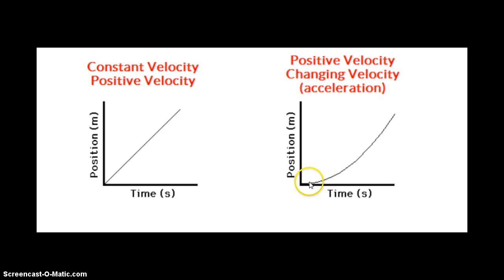You can also see that the slope is getting steeper, so we've identified that the slope of a position time graph is the speed. Therefore, if the slope is increasing, the speed is increasing. If we had a graph whose slope started off steeper and then gently began curving downward, that car would be slowing down. But for now, straight lines are constant velocities, curved lines are changing velocities. There you have it.